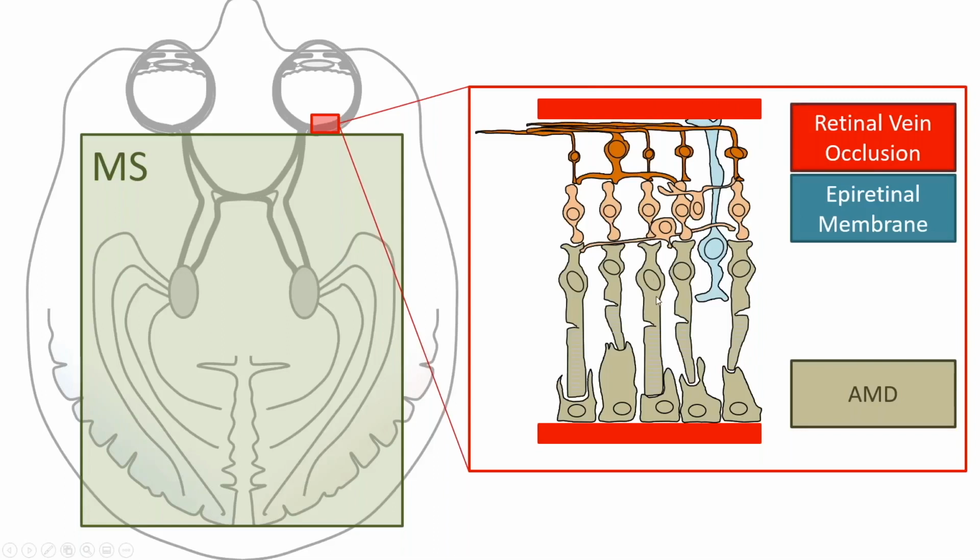So we have three very different types of retinal disease: a vascular disease with vein occlusion, a mechanical disease with epiretinal membrane, and a metabolic disease that ultimately ends up causing death to photoreceptors and the retinal pigment epithelium.